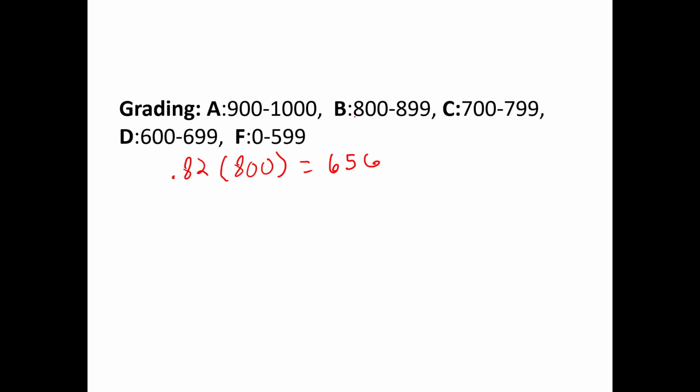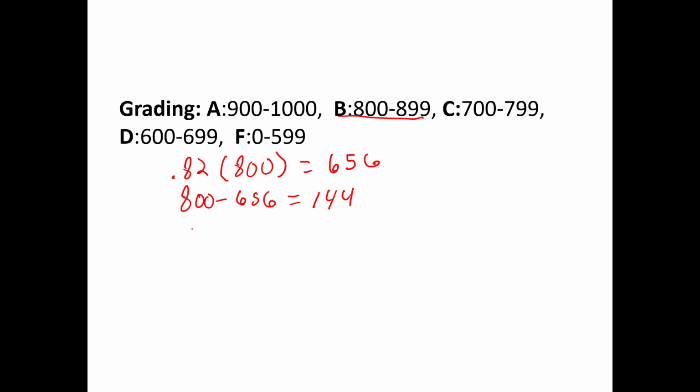And if you want to get that B, then you need to get to 800 points. So how many points do you need? You need 800 minus 656. You need 144 points. And so the final is worth 200 points.